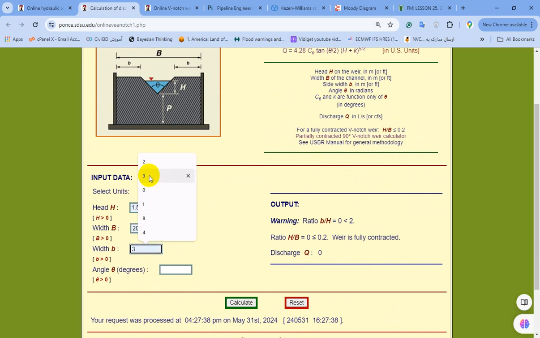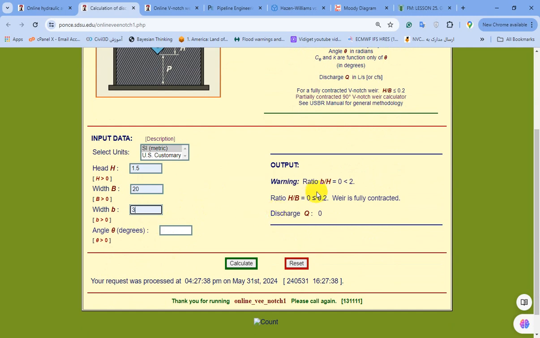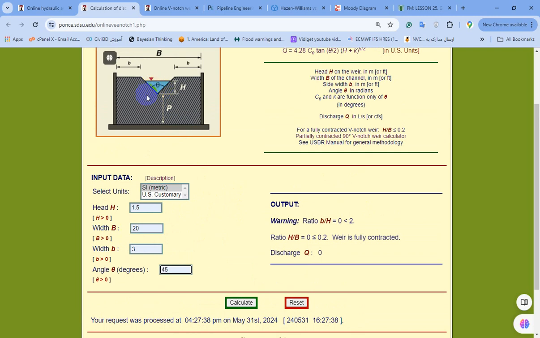For example, I want to select 3 meter. However, keep in mind that the ratio of B per H must be lower than 2. And also the angle, let's assume that the angle of this section equals 45 degree.